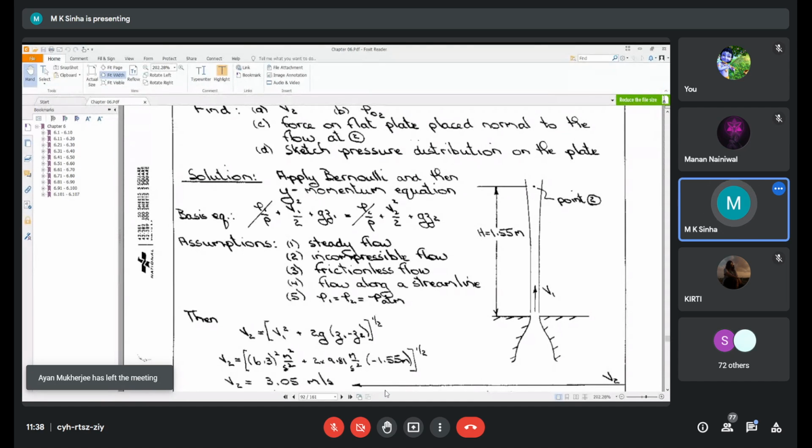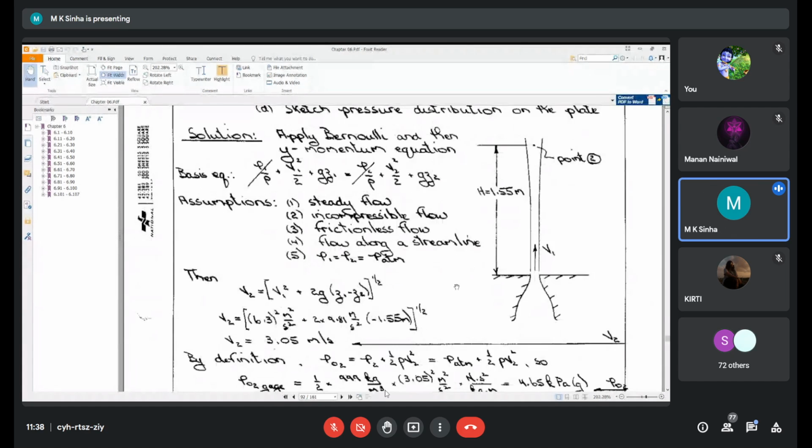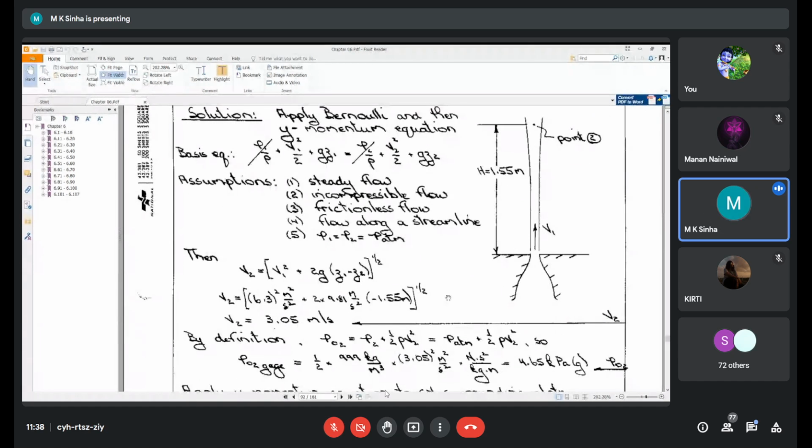So see, here the Bernoulli equation. Exiting is point 1, and 1.55 meter is marked to point 2. The Bernoulli equation is written, and from these relations we can find V2, which comes out to 3.05 meter per second.